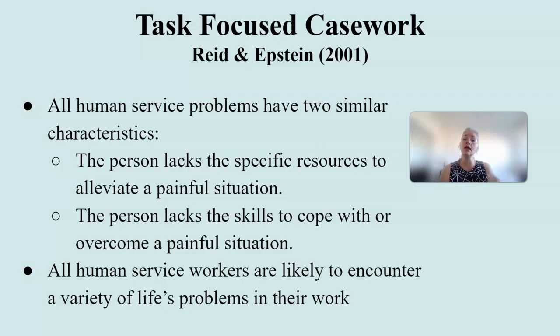But all of these life problems can be tied back to lack of resources or lack of skills and educational needs to deal with those circumstances. And I say educational because even skills are taught by family, right?